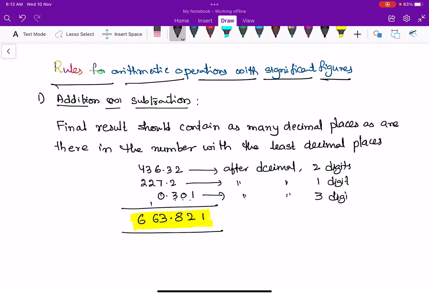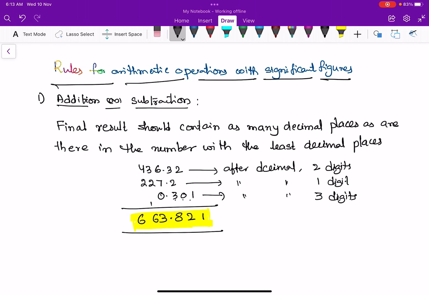Compare them. The final result should contain as many decimal places as the number with the least decimal places.